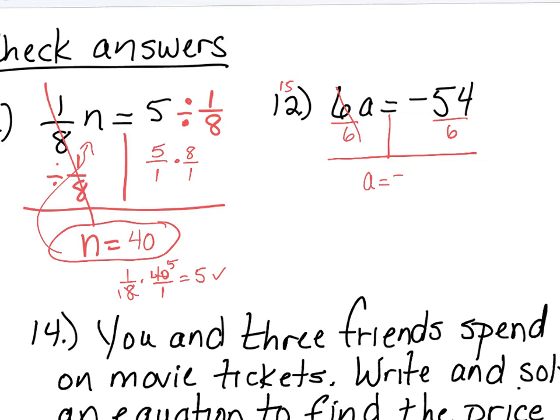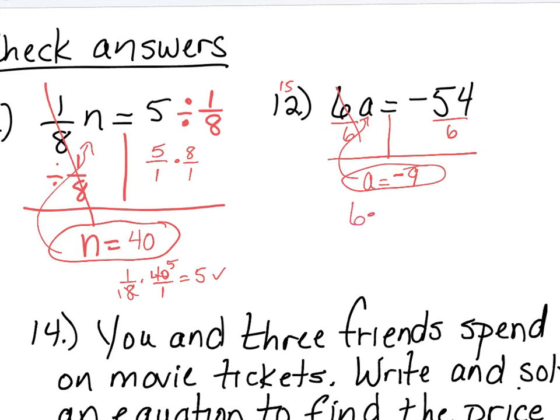What is 54 divided by 6, Landon? Get A equals negative 9. How do we know if we're right? We check it. And remember, when it's A equals negative 9, that's one solution.